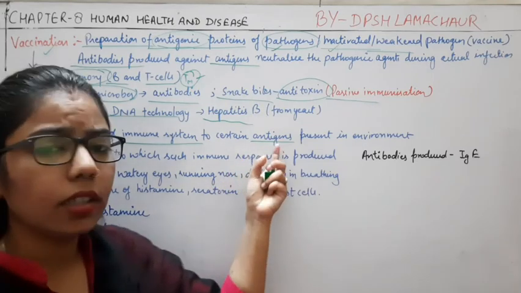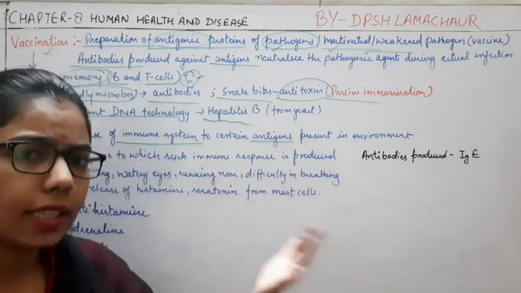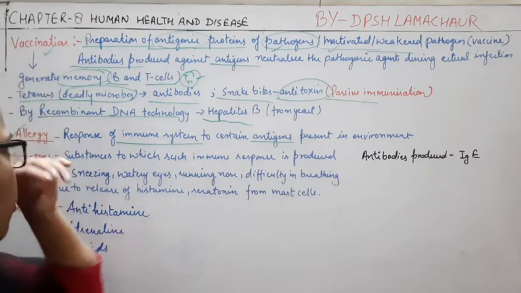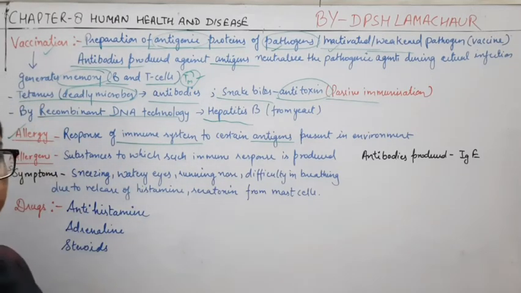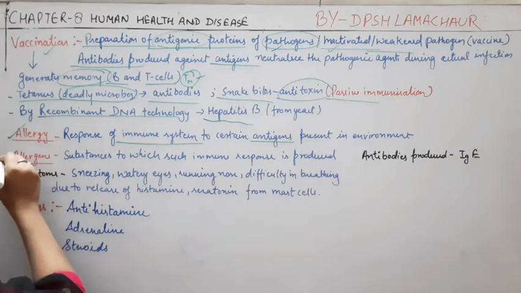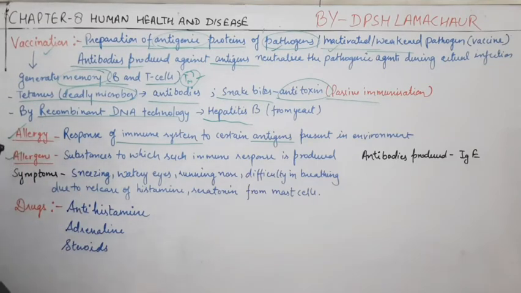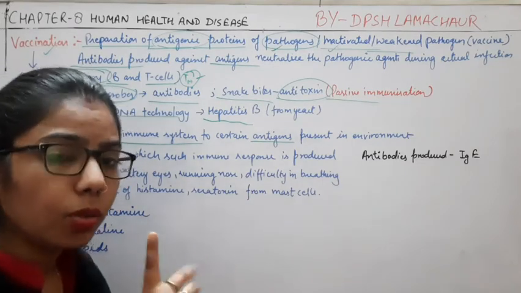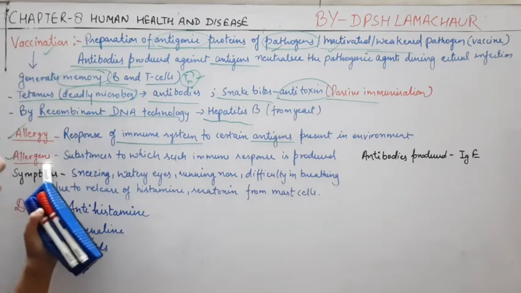Certain antigens which are present in our environment, as they come in contact with our body, our body will show some response in the form of allergy. Now another term is allergens. Before that we have done mutagens, those agents which are responsible for mutation. Same thing here, allergens.